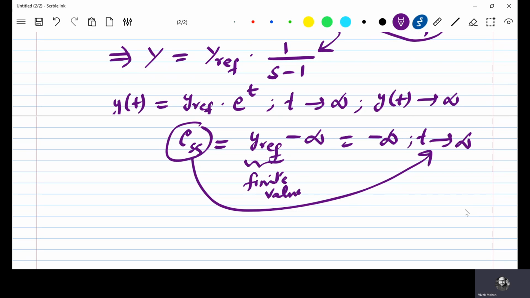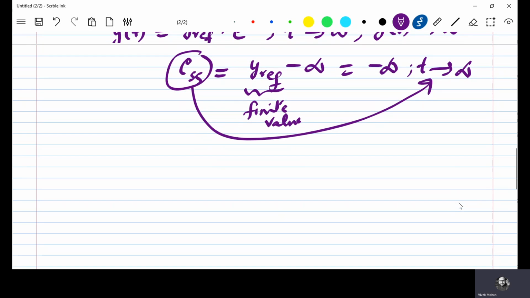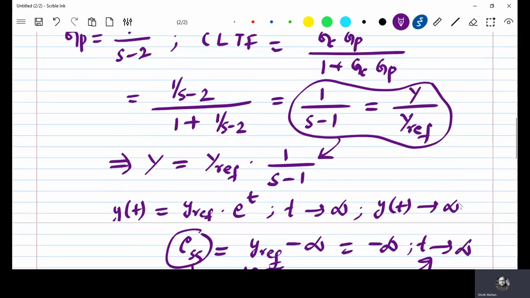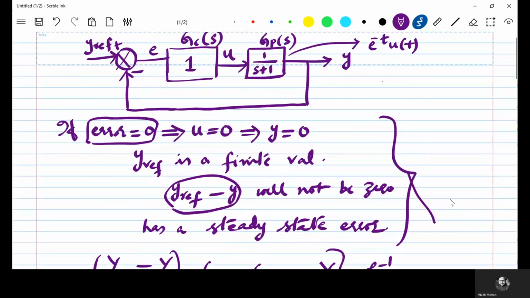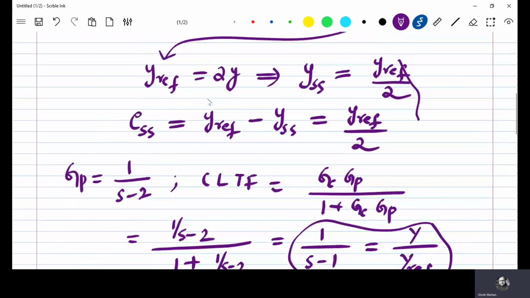Now, how can we stabilize this system? What can be done to stabilize this system? So which controller did we use now? GC of S was just 1, right? That means it's a proportional controller. Okay. Now, let us give a try with the PID controller.